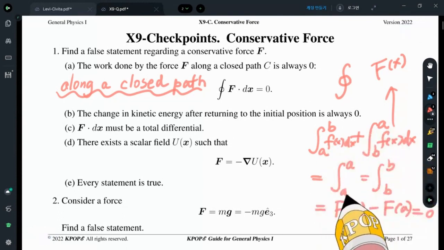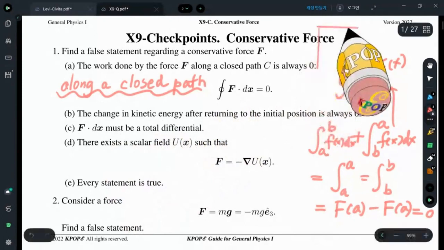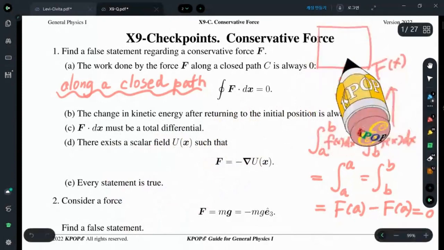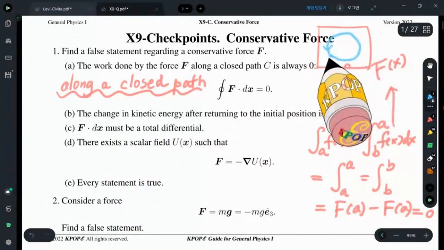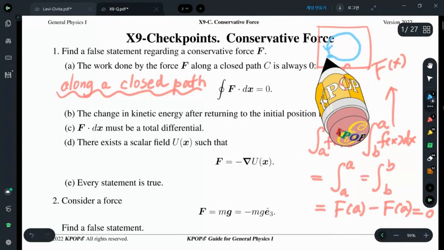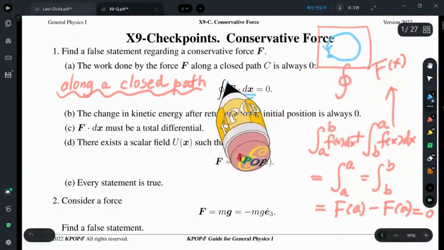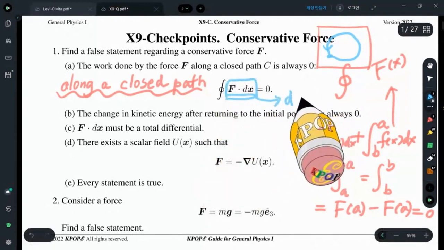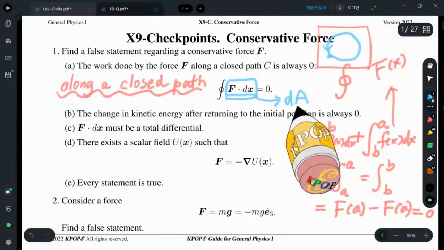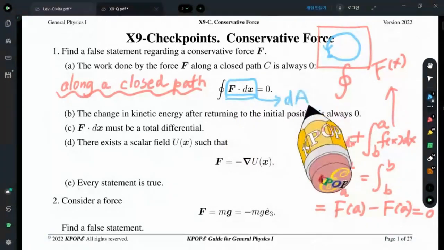When you return to the original starting point, this is in two dimensions. The path begins at a certain point and returns to the same point. If this f dot dx is expressed as something, that means this is a total differential of a scalar function.